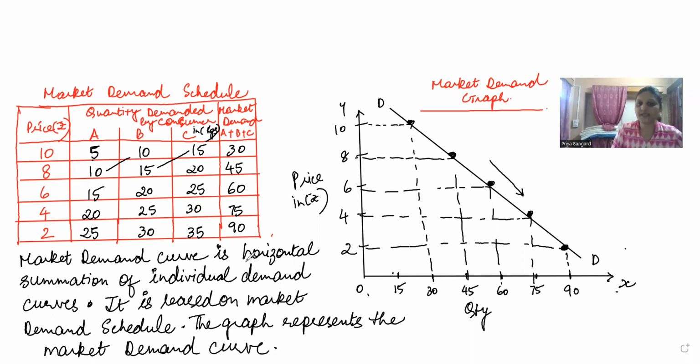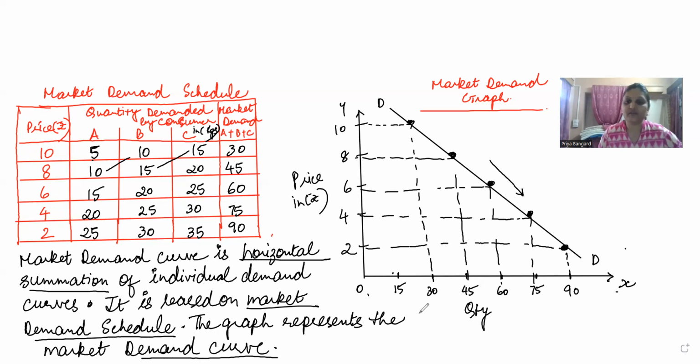So horizontal summation is a keyword. Market demand schedule and demand curve are keywords. And then further explanation वो तो हमेशा ही होता ही है, that you have to write anyways जब short note आएगा.